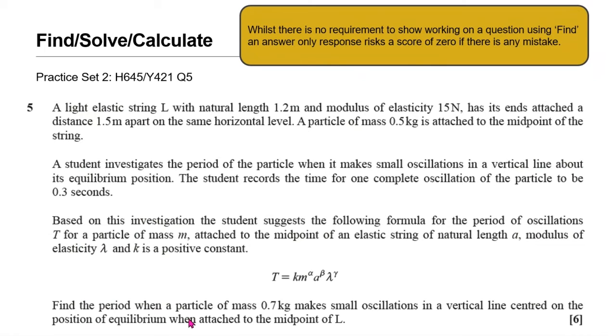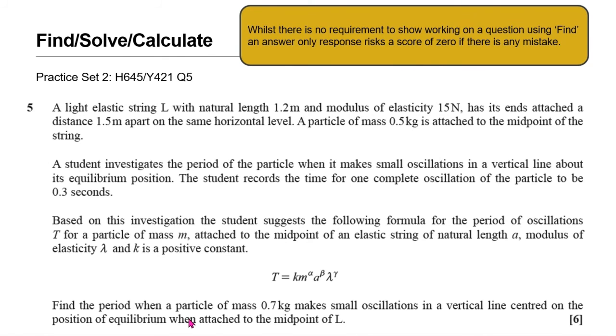Here's an example of a question with the use of the command word find. And although that does technically mean that a correct answer would be sufficient, the scheme will have method marks.